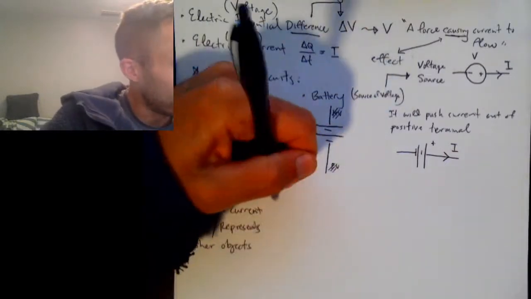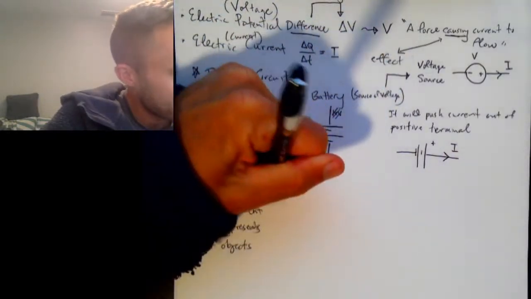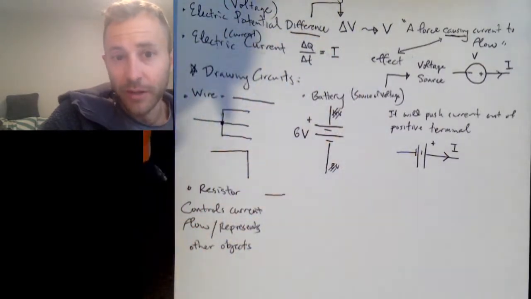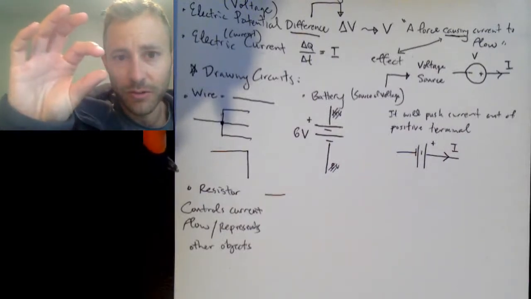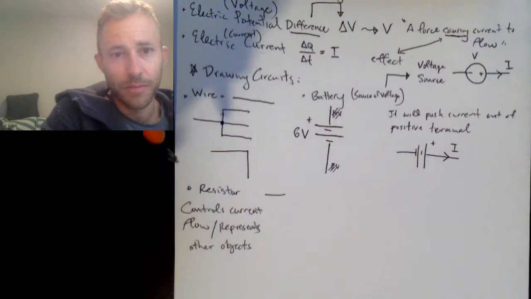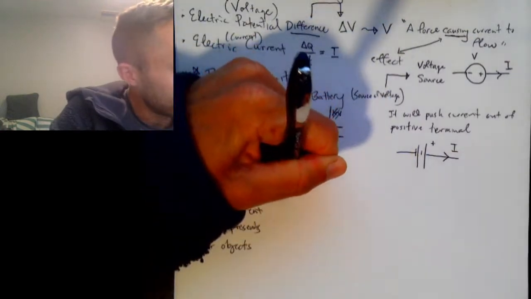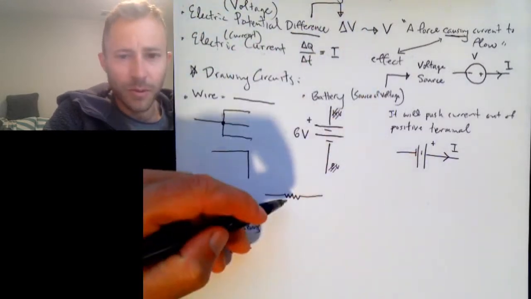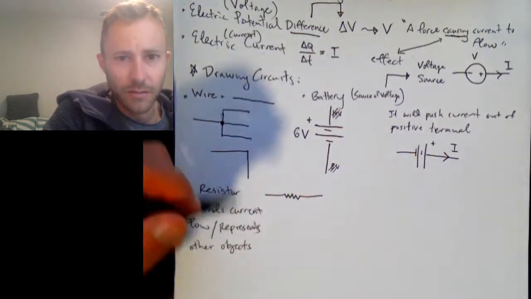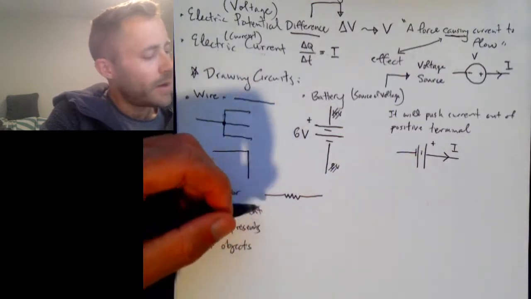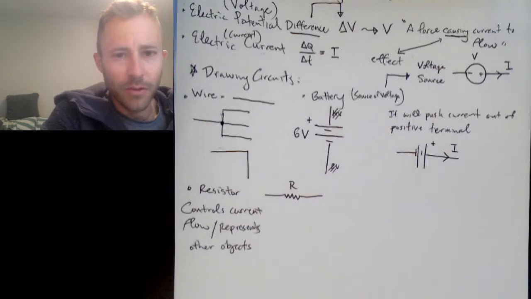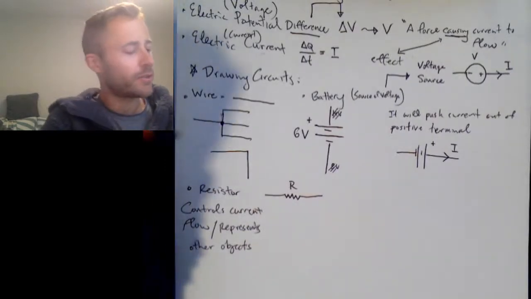So the symbol for a resistor. But then, of course, other times you are actually trying to control the flow of current, and so there are little things called resistors that you can put in. So this is the symbol for a resistor. It's just like a little jagged line. And typically you would put the value of the resistance next to it.